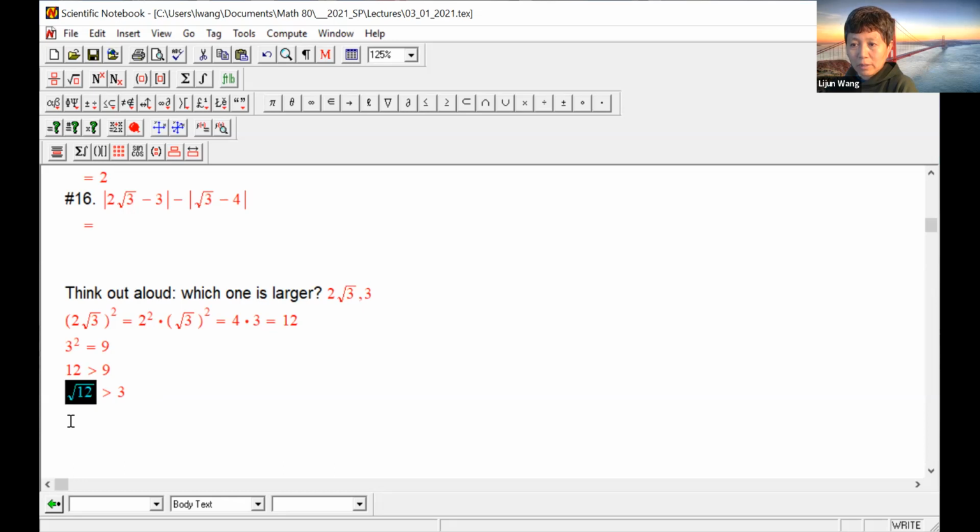And this one, if you simplify, okay, this is what I would do on scratch paper, that's going to be 4 times 3. When you take the root, 4 is 2, so 2 times root 3 is larger than 3. So that's how we can figure this out.